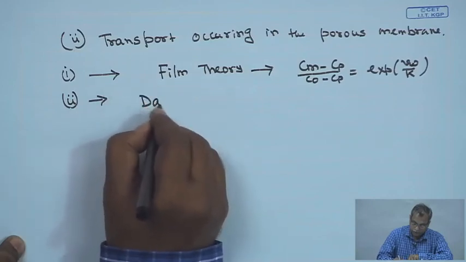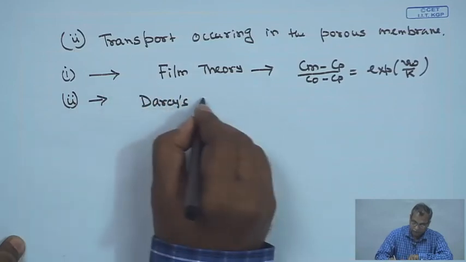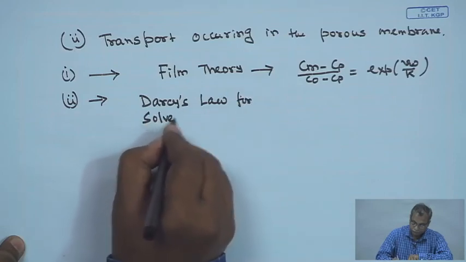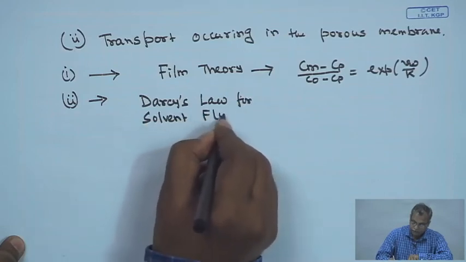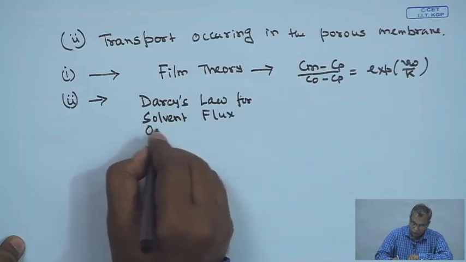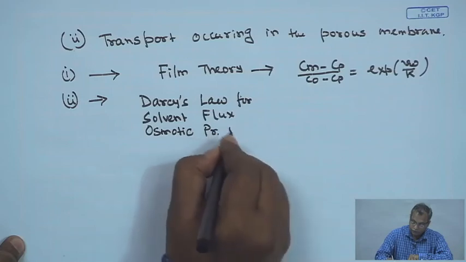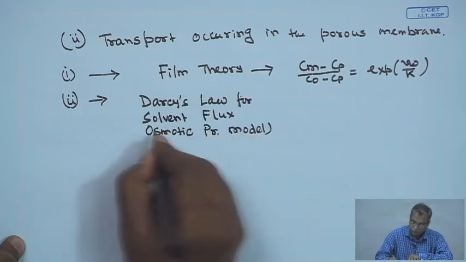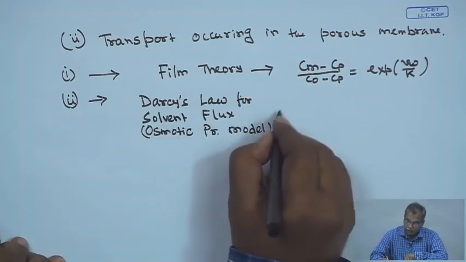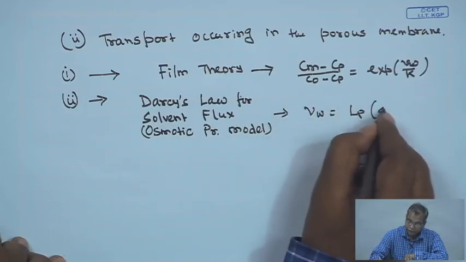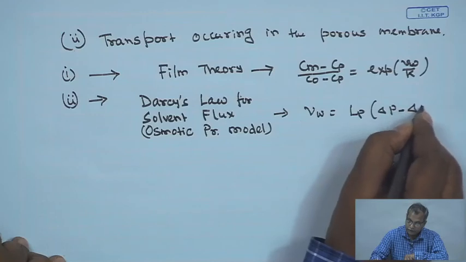Next, we will be looking into the transport through the porous membrane. First one is Darcy's law for the solvent flux, also known as the osmotic pressure model. Vw is equal to Lp times delta p minus delta pi.